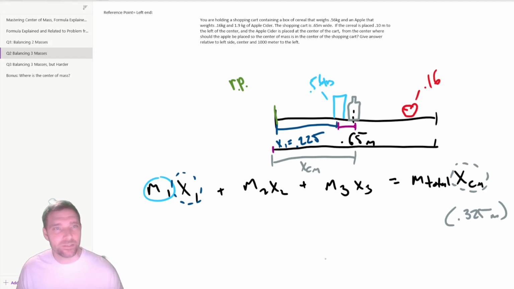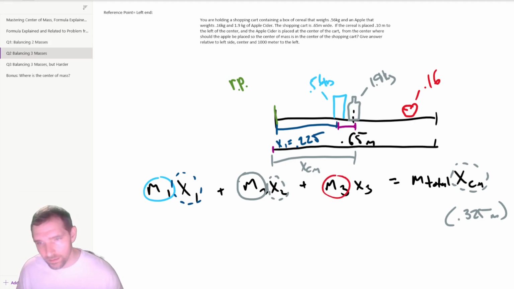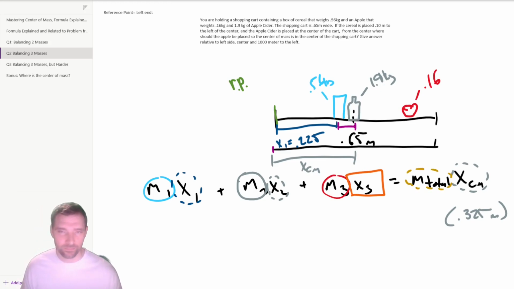We have the mass 2 that was given for the apple cider as 1.9 kilograms, so we've got that directly, and the center of mass was something that we were able to solve for as well. Then M3, we have the mass, and we're going to end up solving for x3. That's going to be our missing piece. M total, similar to the last problem, has not been directly given, but it's pretty easy to calculate.